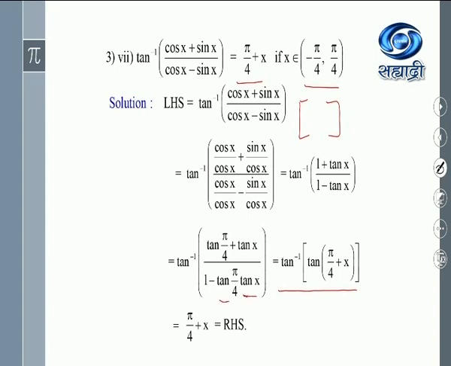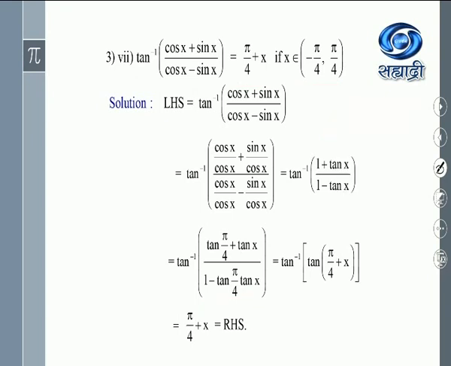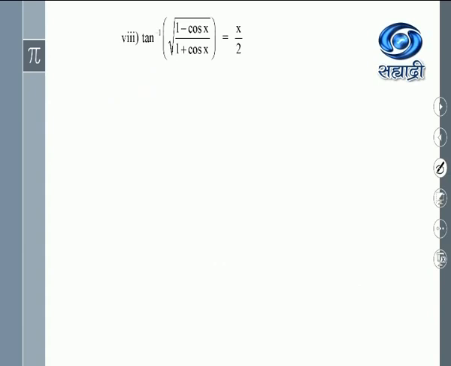Tan 45 and tan 45, which is 1 into 1, the product is 1. So 1 minus 1 is 0. So in the denominator, we will get 0. And denominator 0 means it is not defined. Therefore, here the open bracket is given, minus pi by 4 to plus pi by 4. Clear? Got an idea how to try using the properties of inverse trigonometric functions.